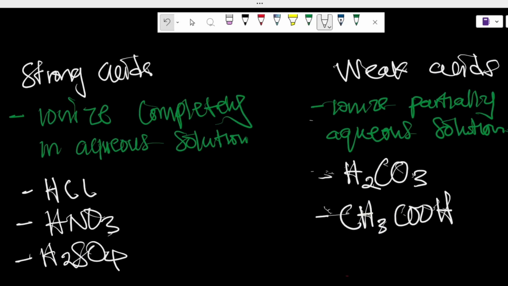And these are some of the examples, because when you try to put these acids in aqueous solution, you see that because they seem to have more than one hydrogen atom, then usually when they try to dissolve, they only ionize partially. Whereas sulfuric acid ionizes completely when it is in aqueous solution. So just make sure that you understand the examples and the differences between the two types of acids.